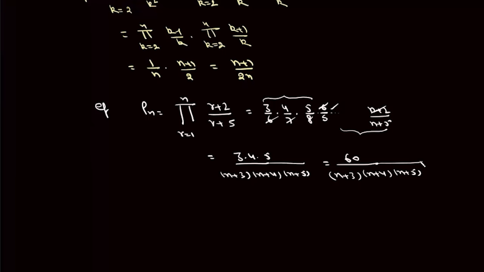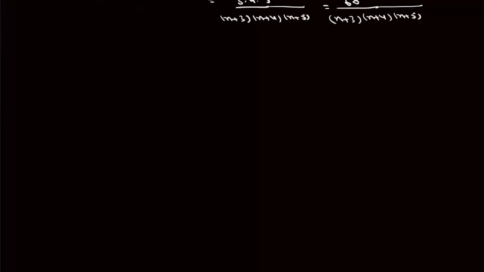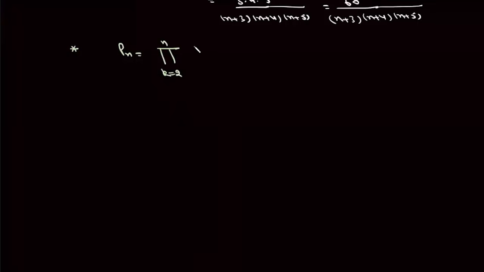Now there could be problems where the term may not exactly look telescopic. Say for example, this problem. We are given this Pn, and it is this product, K varies from 2 to N, (K cube minus 1) upon (K cube plus 1).